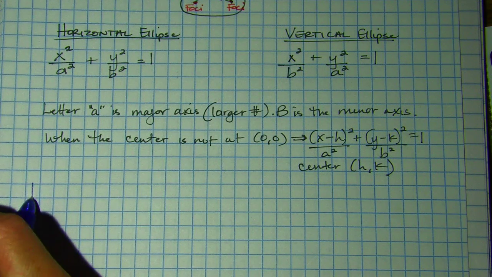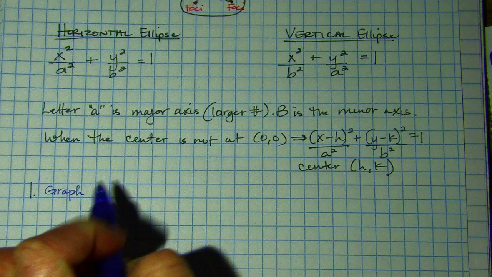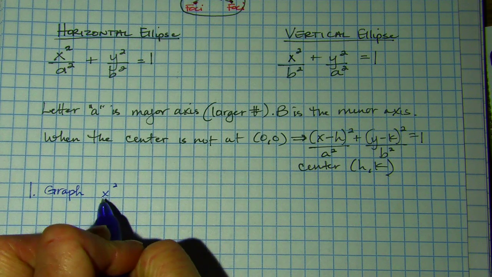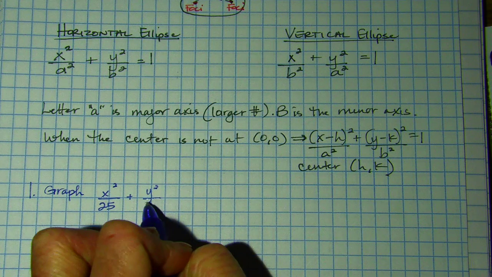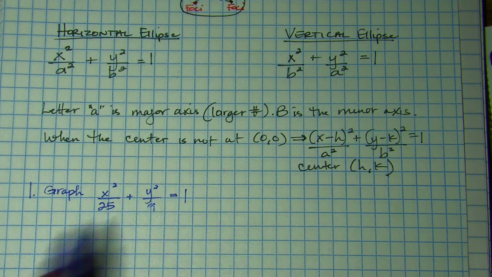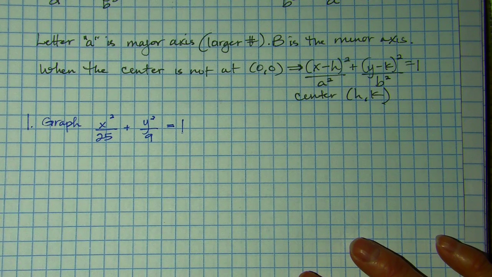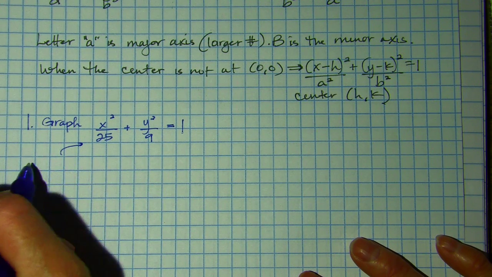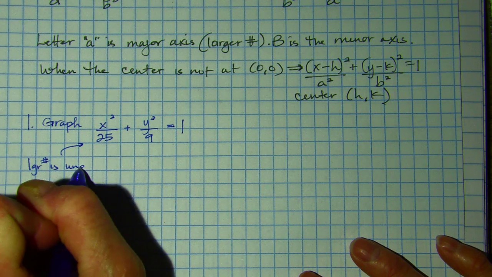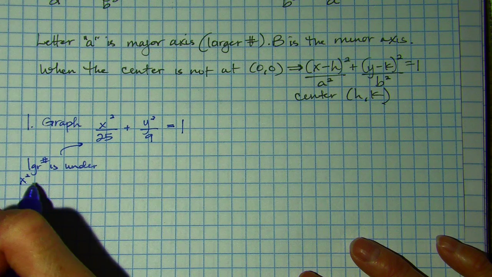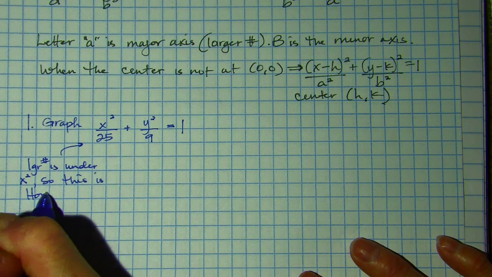So number 1. Graph x squared over 25 plus y squared over 9 equals 1. Now, when I look at this, I notice that the larger number is under x squared, so this is horizontal.